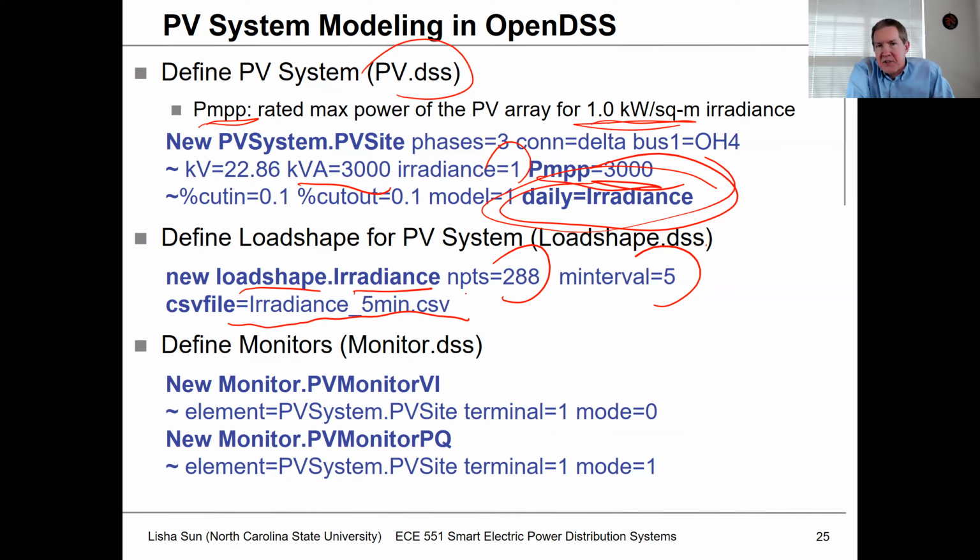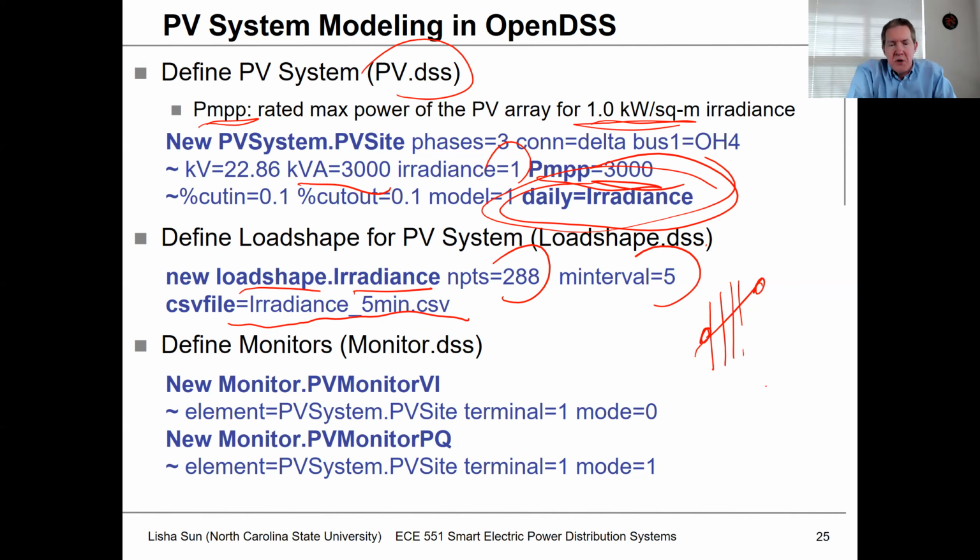It'd be nice to get this in 1 minute increments, but suppose it's at a different increment. What OpenDSS will do is it'll interpolate between the points. And so if you have a value here at one time instant and a value at another instant, and if you're doing your circuit study at 1 minute, then basically what OpenDSS does is it can do like a linear interpolation between the points.